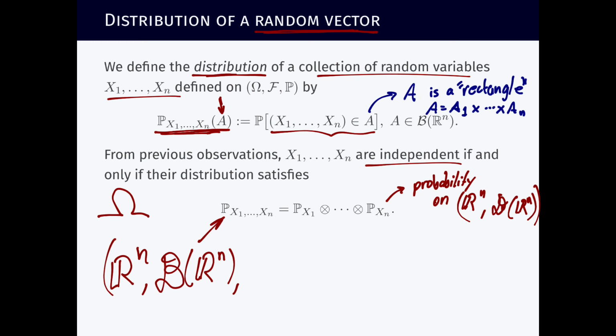So this is what it means for random variables to be independent in terms of product measures.